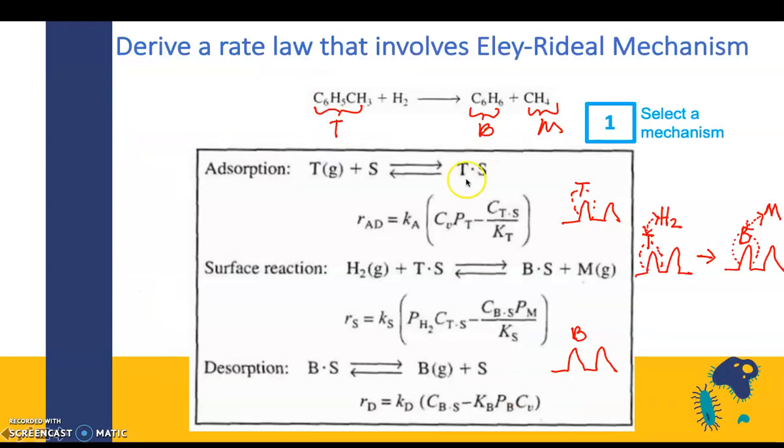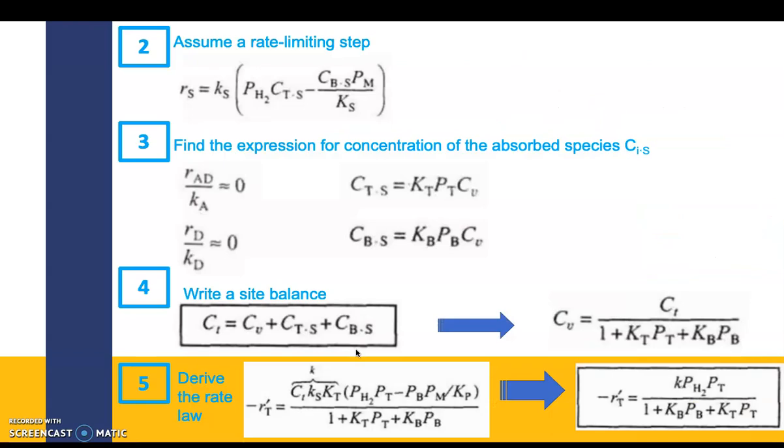If you look earlier, this is the surface reaction step, so we select this step. That's why we have this equation. Then we need to solve for this constant, C_T·S and C_B·S. How are we going to solve it?